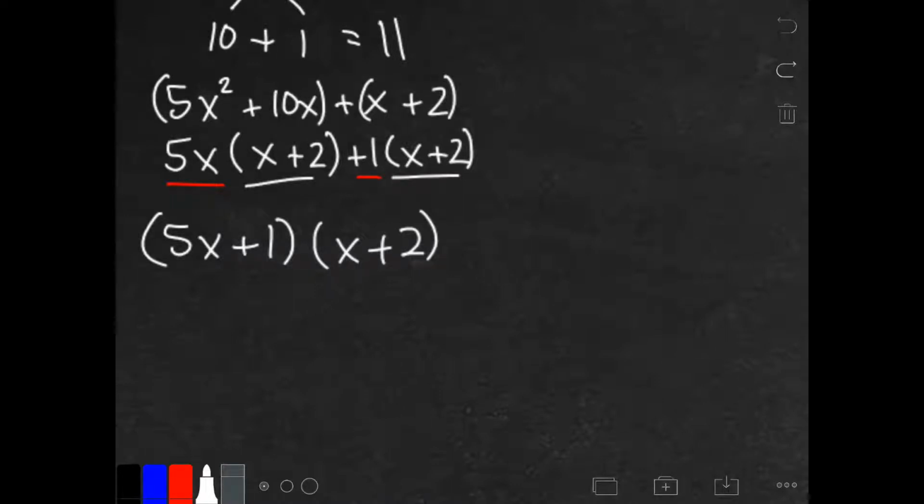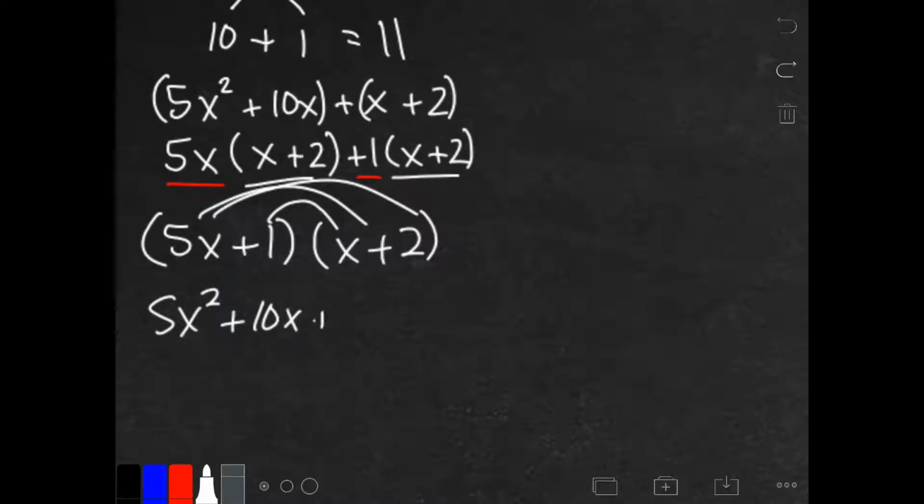So let's do that. Let's do 5x times x, which is 5x squared. 5x times 2 gives me 10x. 1 times x gives me x. And 1 times 2 gives me 2. Go ahead and add the like terms.